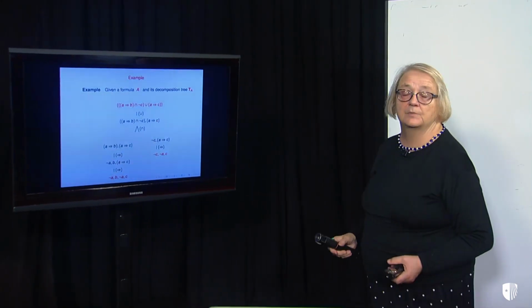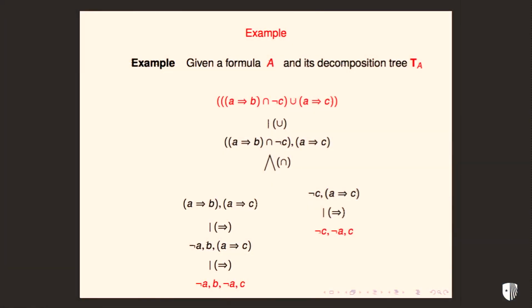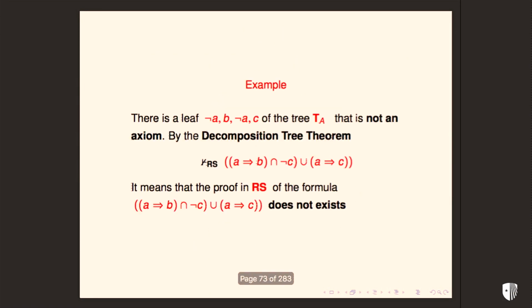You see, this is a non-axiom leaf. It means by our theorem that the proof does not exist.